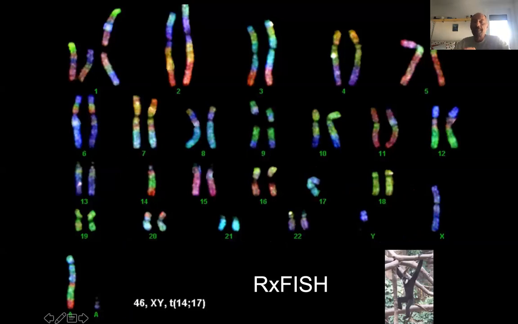What do I do here? I take human chromosomes, and now I hybridize the human chromosome with gibbon DNA. So this is a gibbon. Now the gibbon is very similar to human, so the hybridization is pretty good, but there are many translocations, I mean, the position is not the same.